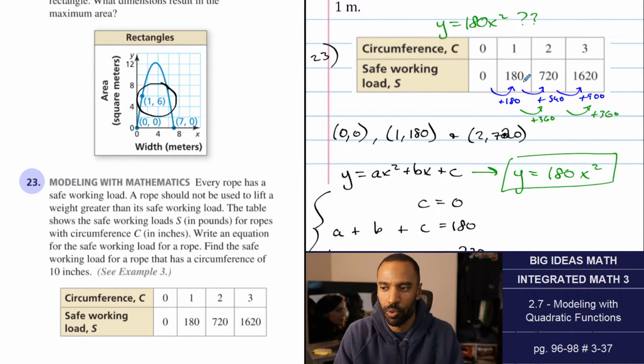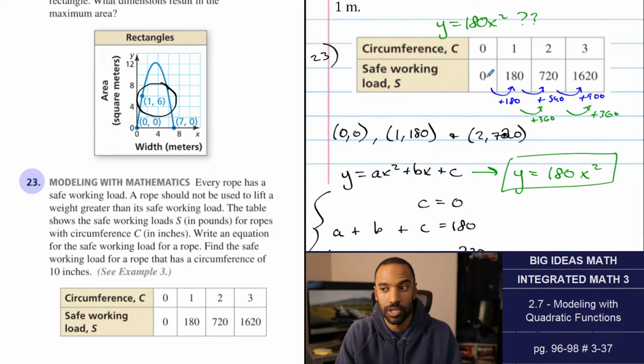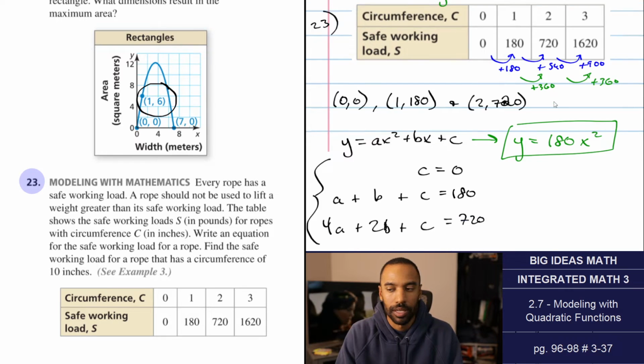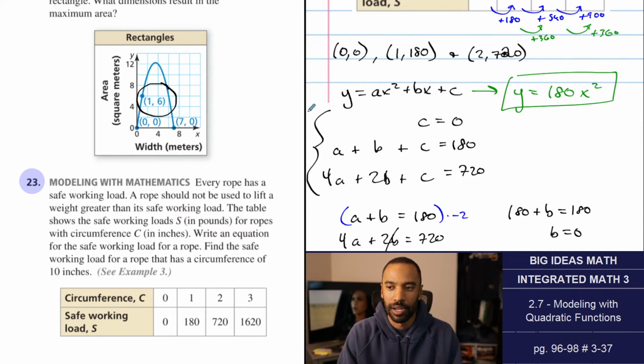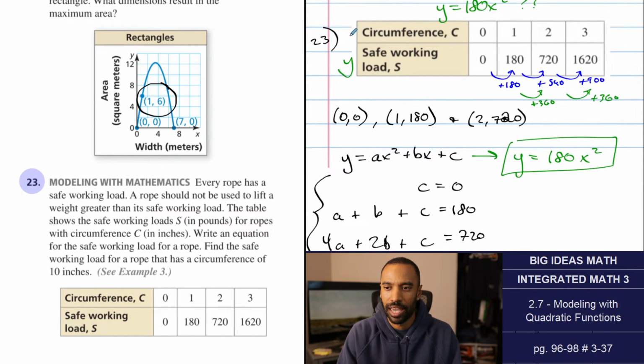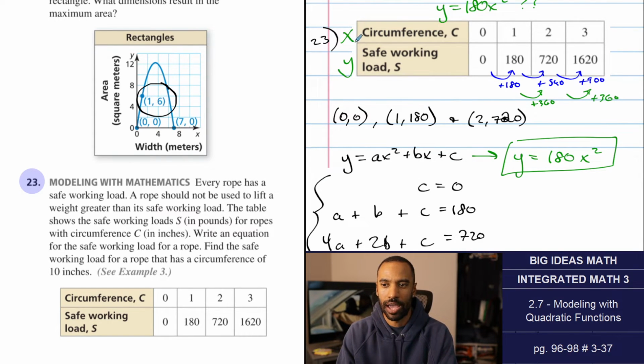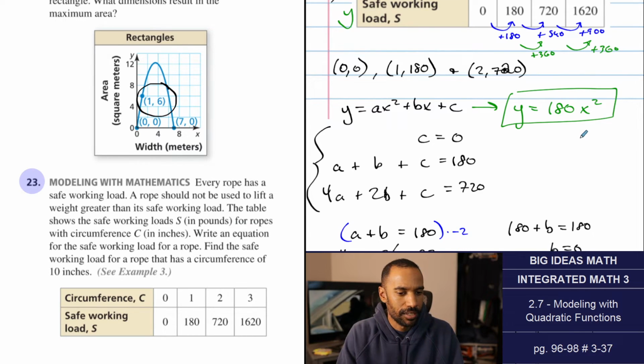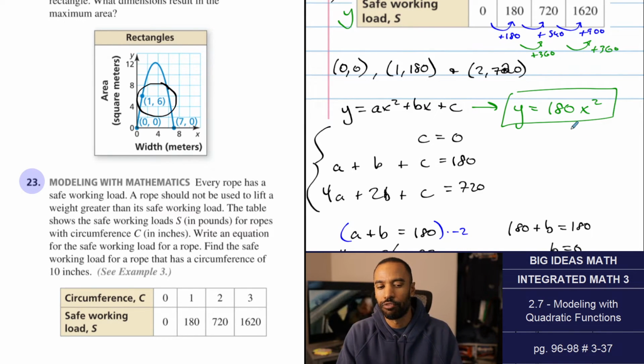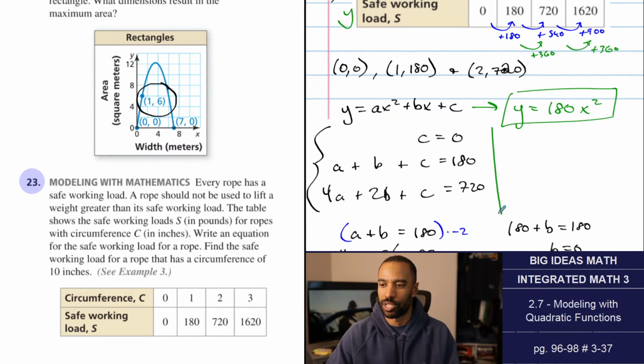So it is a simple quadratic equation like that so far. That means the vertex is 0, 0. Now, remember, S is our y and C is our x. They're saying, find the safe working load for a rope that has a circumference of 10 inches.